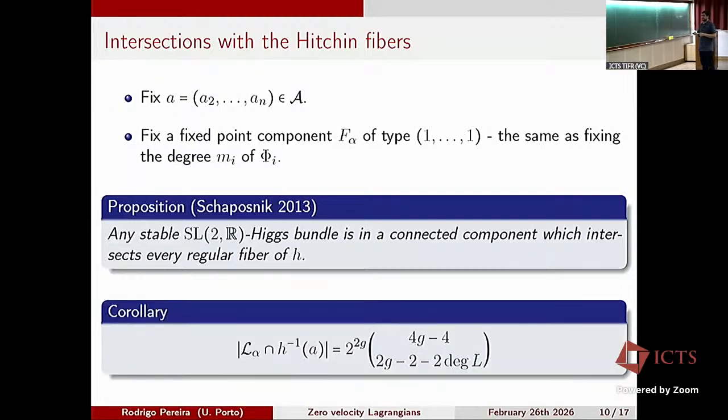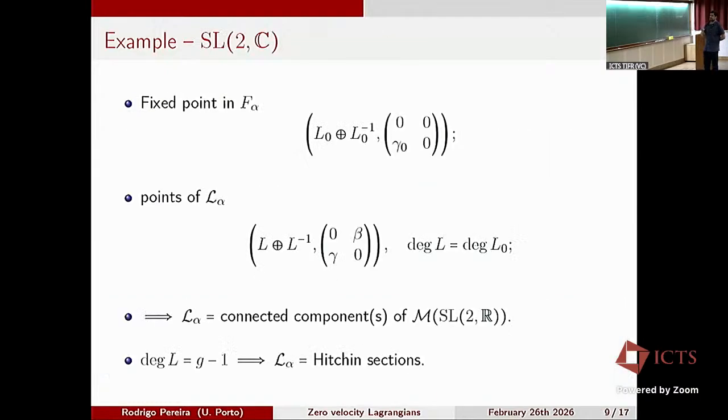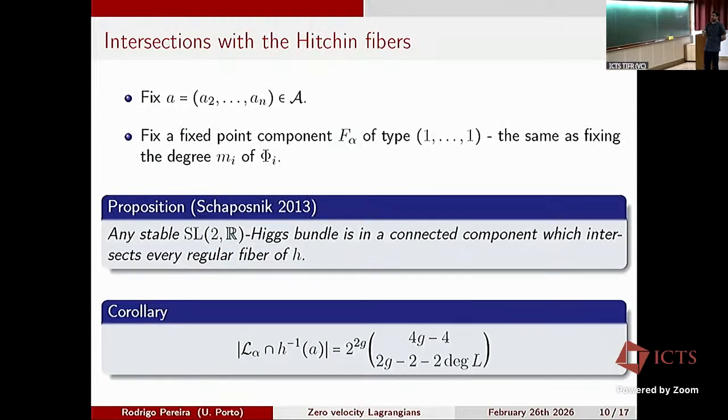But in fact, if you go to the proof of that theorem, it's not so hard to actually get the number of intersections. Essentially, if you are fixing the determinant, you just pick some of the zeros of the determinant to go to gamma, and obviously the rest of the zeros have to go to beta, and then there's this 2 to the 2g, which accounts for the choice of the line bundle.